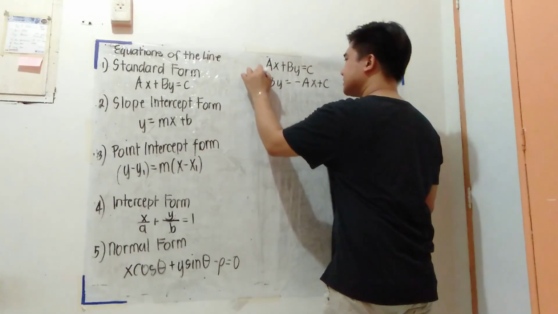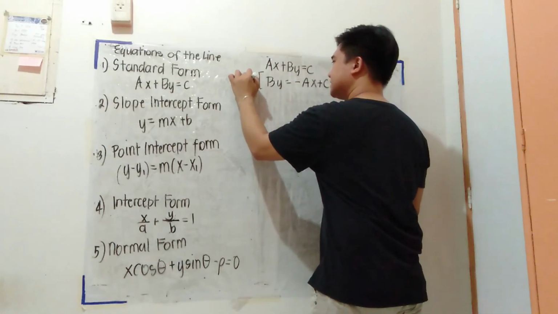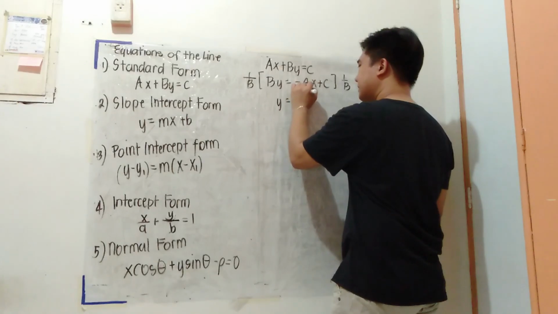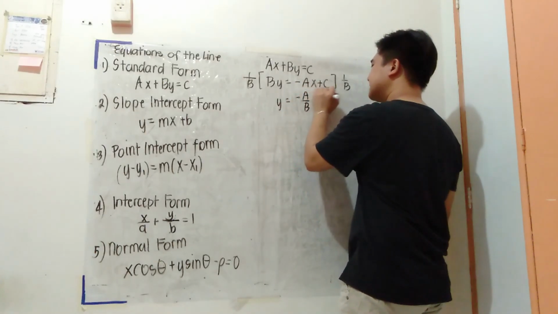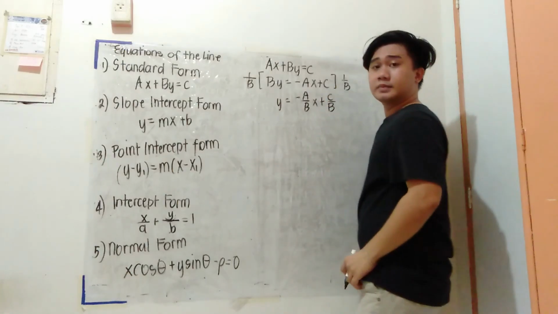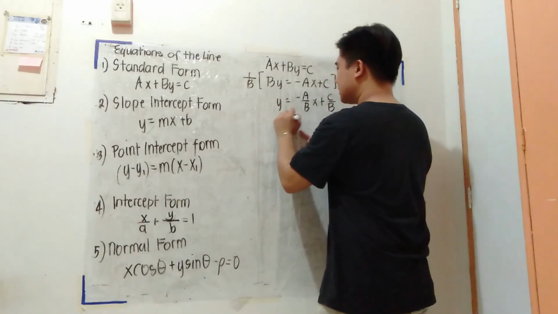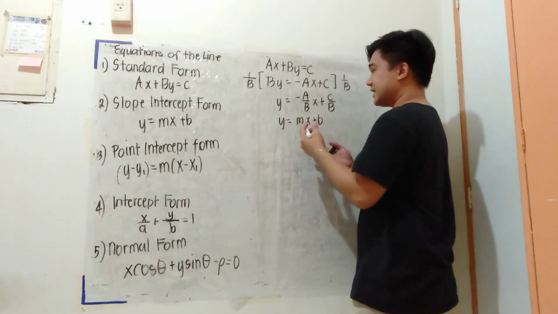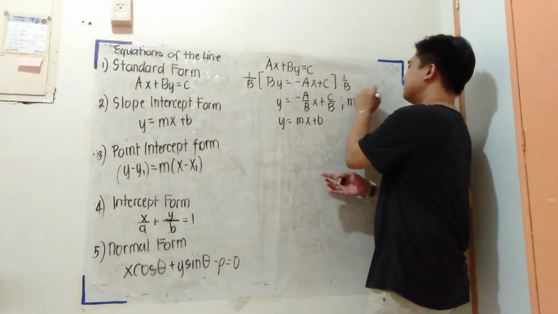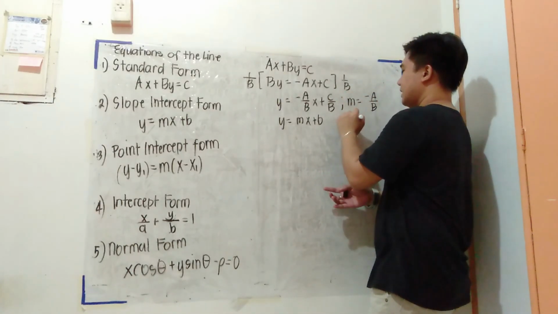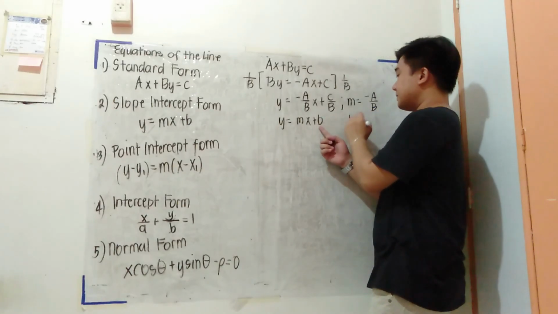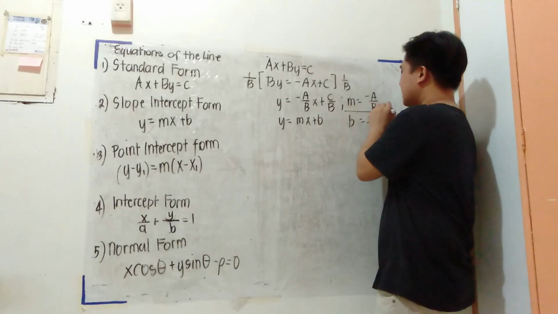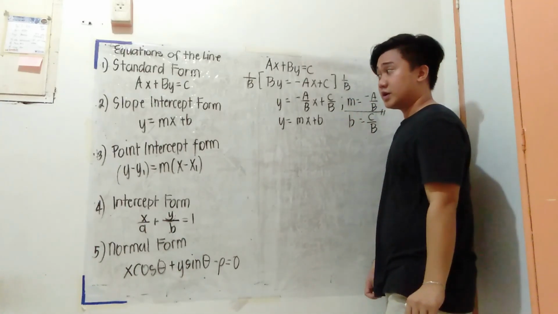And then, i-multiply ko both sides by 1 over b. So, I have here y is equal to negative a over b x plus c over b. Di ba kamukha siya ng y equals mx plus b, small letter b. So, we can say that the slope is simply negative a over b, and the intercept, small letter b, is just simply c over b. So, we have another formula for slope which is negative a over b.